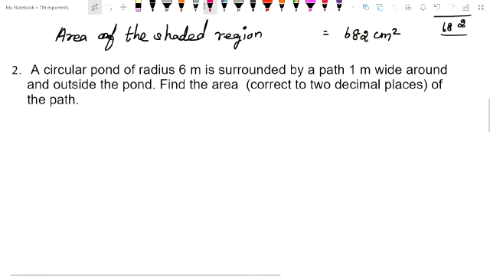A circular pond of radius 6 meter is surrounded by a path 1 meter wide, around the outside of the pond. Find the area of the path, correct to 2 decimal places. So here we have a pond, and outside we have the width given.